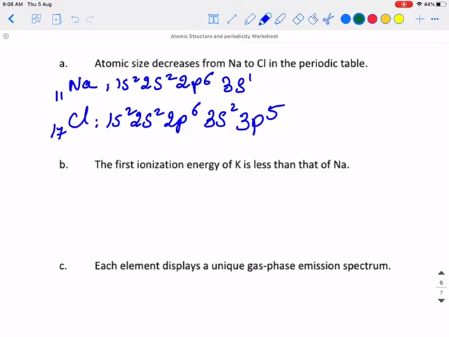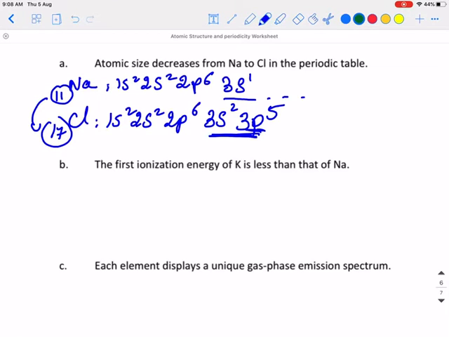So across the periodic table from Na to Cl, the number of electrons in the s and p orbitals of the valence shell increases, as you see. In sodium, no p orbital, but in chlorine we have p orbitals. Also, the number of protons in the nucleus increases, from 11 to 17.